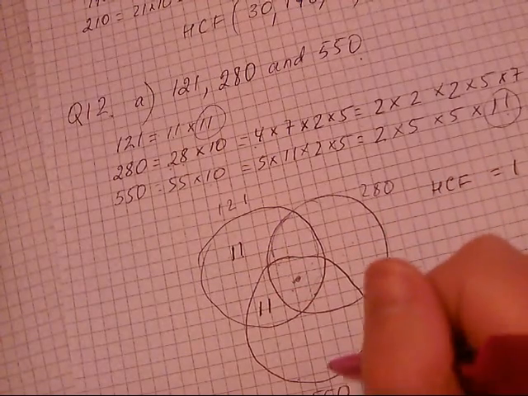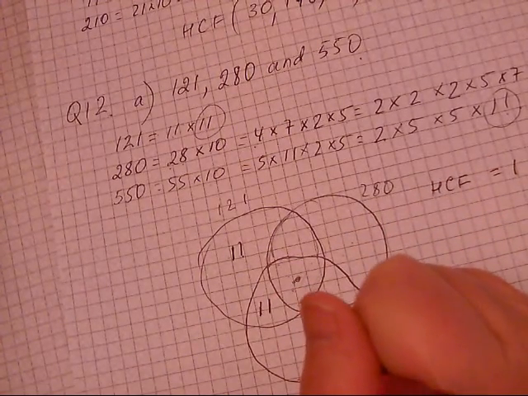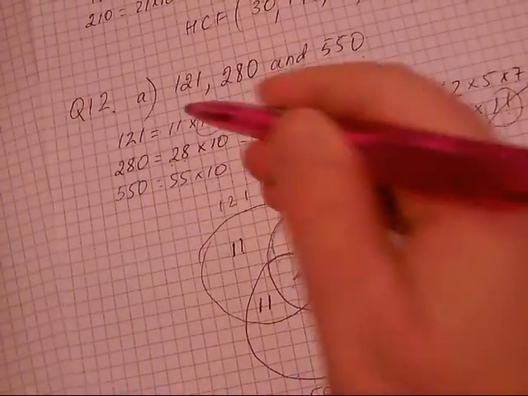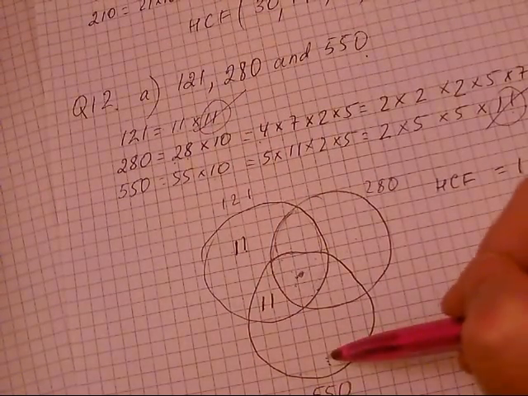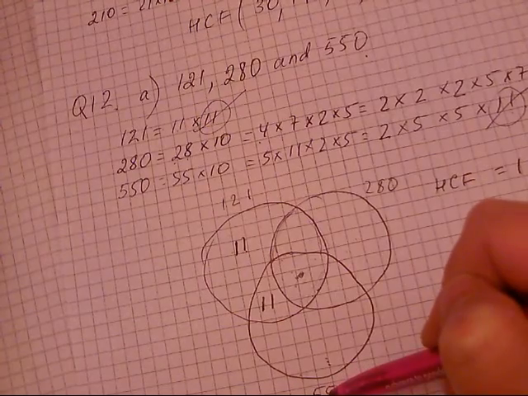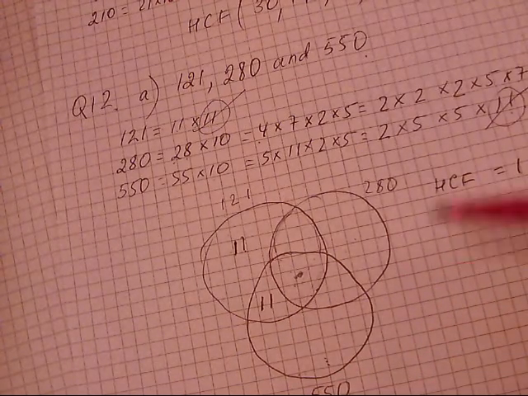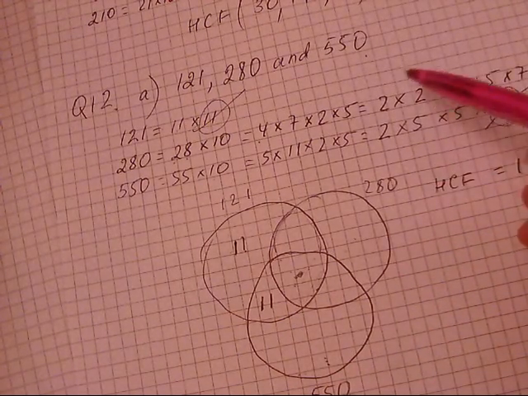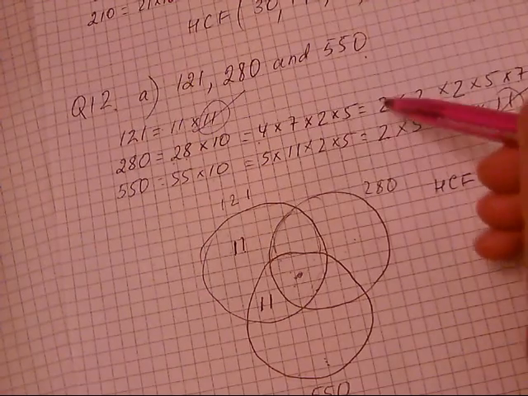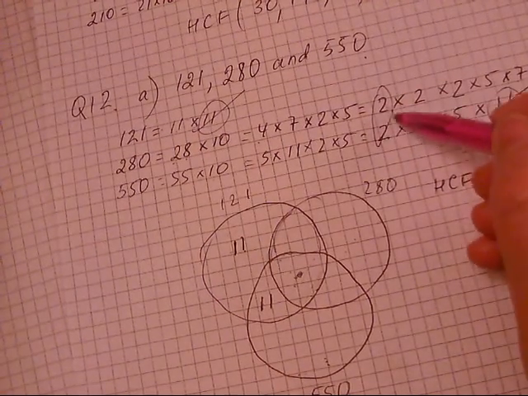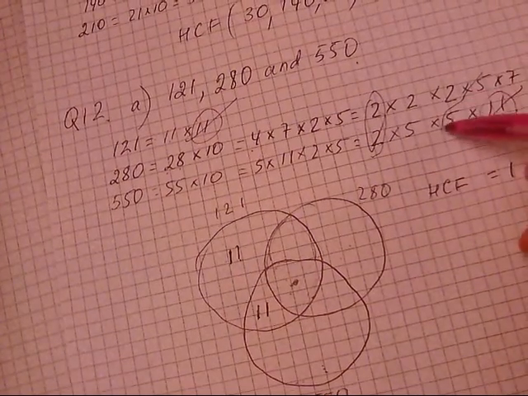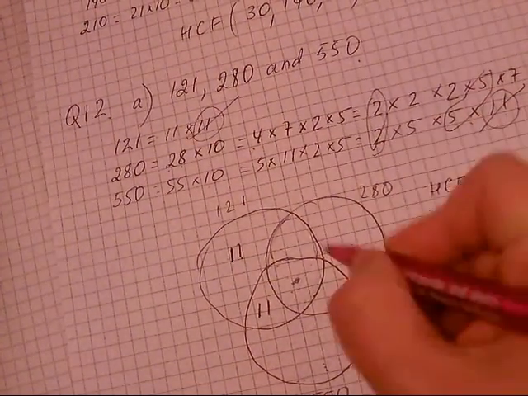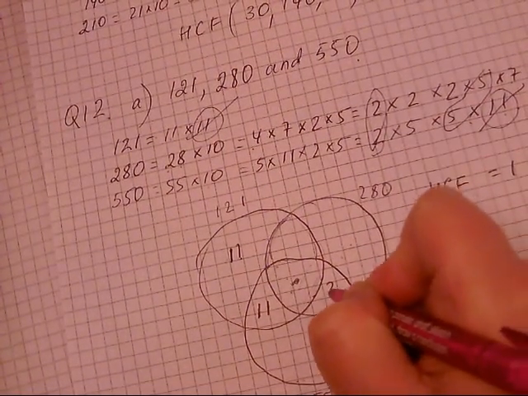Okay, so I have done 121. I think it might be easier now to do 550 first. So we counted this 11 and this 11, right? Now we need to look at these two numbers, 280 and 550. Let's look for common factors. 2 and 2 are common factors, right? And no 2's anymore, but this 5 is common. So we'll place 2 and 5 in the common area.